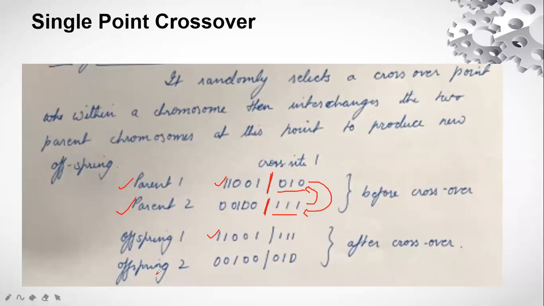Similarly, offspring 2 will be created. That is 00100000100, and I have taken this particular part, 010, from parent 1. So I have created two offspring. This is before the crossover operator has been applied, and this one is after the single point crossover. So this is how single point crossover is applied.